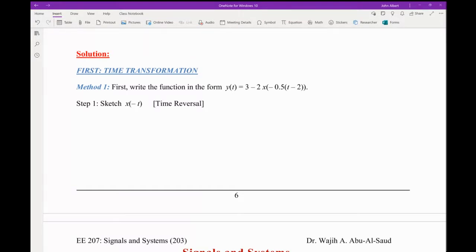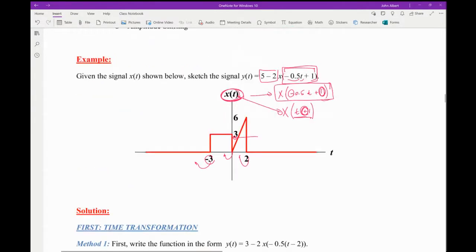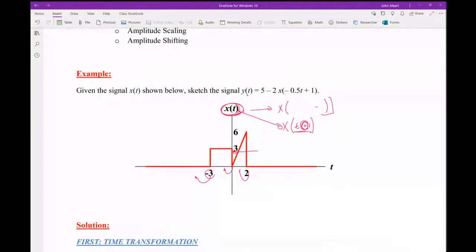Now, if you want to leave the time shift to the end, this is what you need to do. You need to look at your signal that you want to sketch, and represent it such that the amount of the time shift appears as a value that is either subtracted or added to t, not to 0.5t or minus 0.5t.